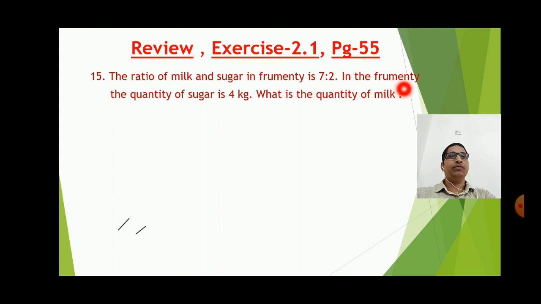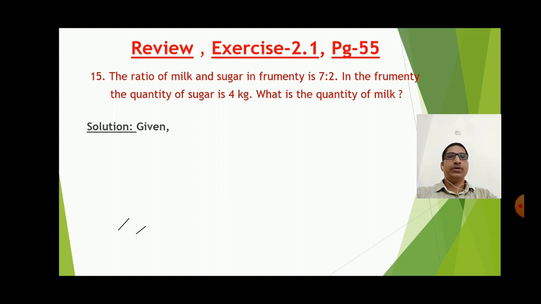In the fluent tea, the quantity of sugar is 4 kg. What is the quantity of milk? That means here given the ratio of milk and sugar 7:2 and sugar is 4 kg. Now we will find out the quantity of milk.